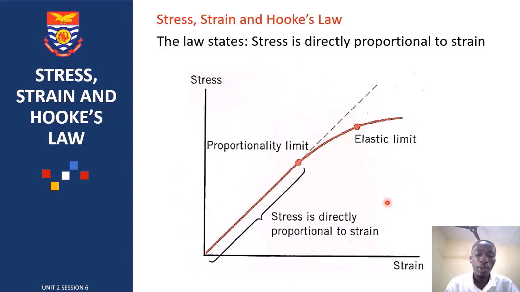And from our diagram here, we can see that it's proportional up to a particular point here, which we call the proportionality limit. At this point, when it exceeds the point, it deforms, but after deformation, it comes to its original state again, unless it reaches a point here called what? The elastic limit, where after deformation, it doesn't get to its original state again.